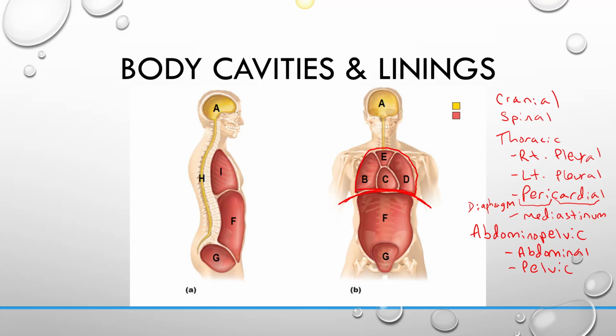Otherwise, there'd be no way for a baby to grow up into the abdomen of a woman. So the abdominal pelvic cavity is really one big cavity, but we can divide it by saying the pelvic cavity is within the pelvis, and as soon as anything comes up out of the pelvis, it's considered the abdominal cavity.